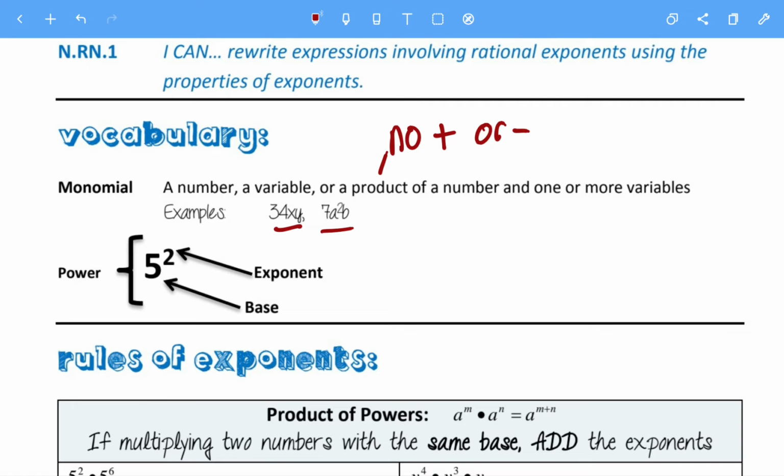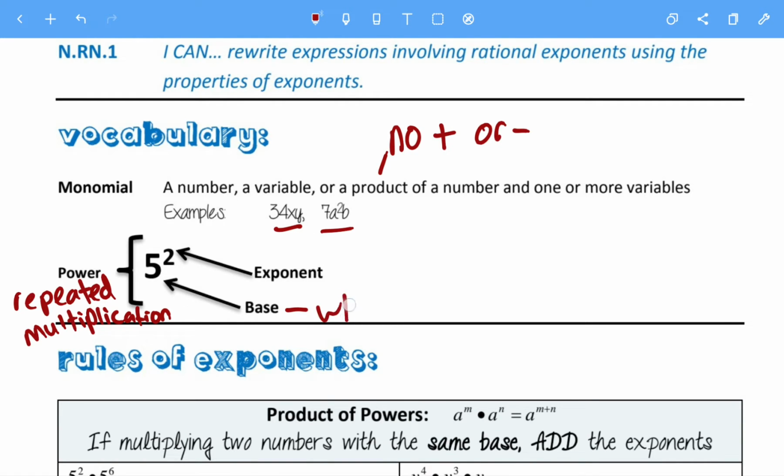Our next vocabulary is power. So we're going to be working with exponents, which are forms of repeated multiplication. Okay. So here we have the example 5 to the second power. 5 is going to be the base.